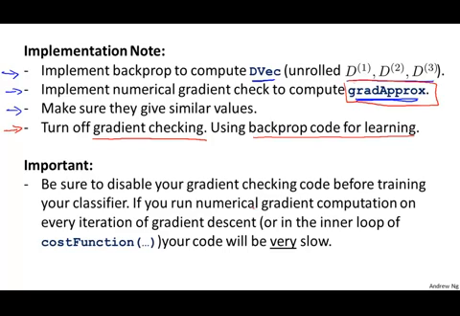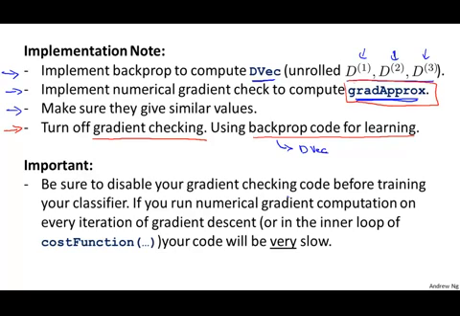And the reason for that is the numerical gradient checking code, the stuff we talked about in this video, is very computationally expensive, a very slow way to try to approximate the derivative. Whereas in contrast, the backpropagation algorithm that we talked about earlier, the thing for computing D1, D2, D3, or for DVec, is a much more computationally efficient way of computing the derivatives.